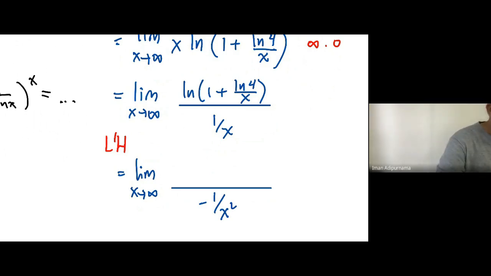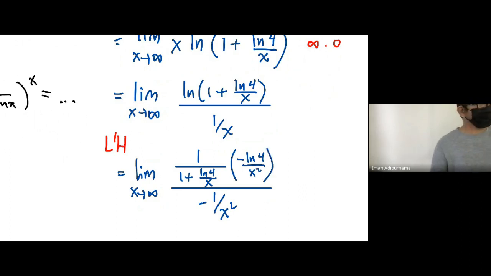And the top, let me write one by one here: 1 over 1 plus ln 4 over x, and then we need the chain rule. So this will be negative ln 4 divided by x squared. This is from ln 4 over x. Take the derivative, it's basically the derivative of 1 over x, and then multiply with ln 4. This is negative ln 4 over x squared.